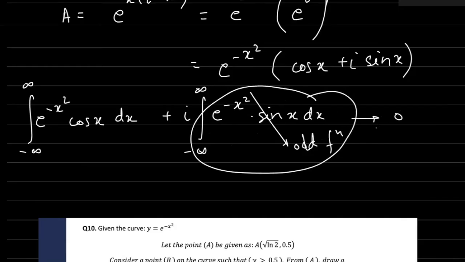A is equal to this thing plus iota times e to the power minus x square sine of x dx from minus infinity to infinity. Since the limits are the same and this is an odd function, therefore the integral will vanish to 0. This will go to 0 and therefore you will get A is equal to B.